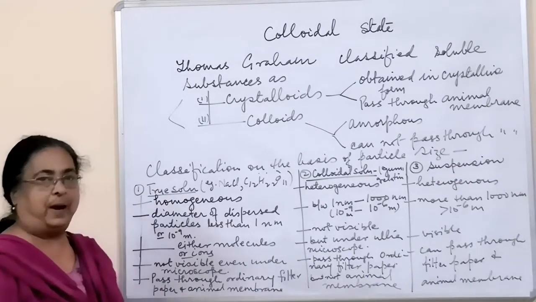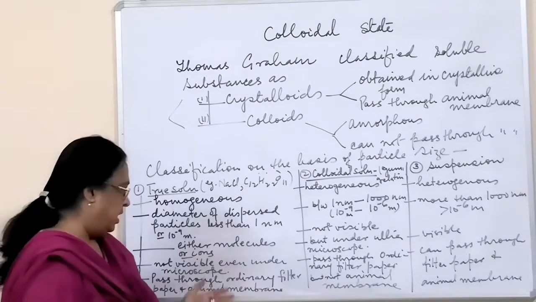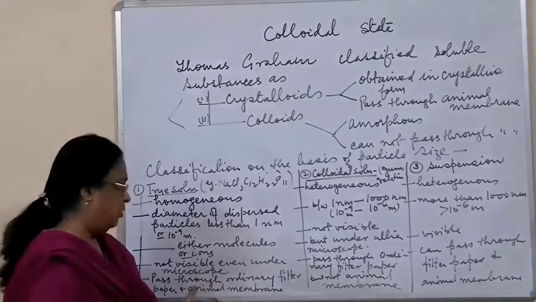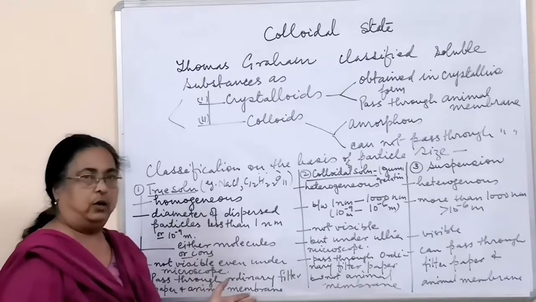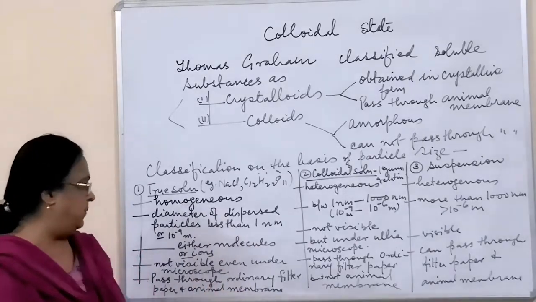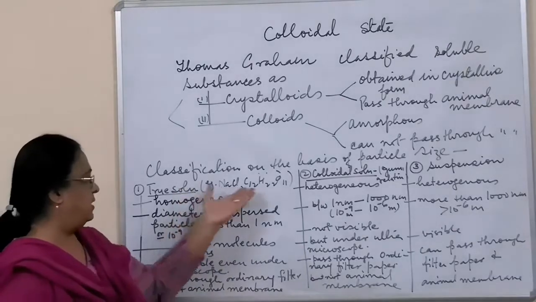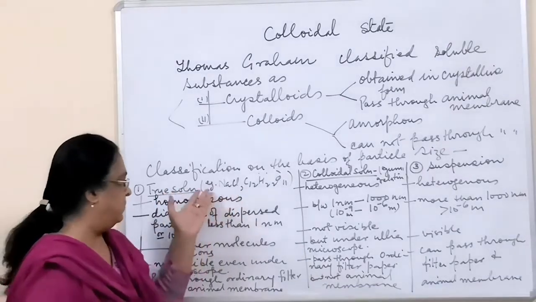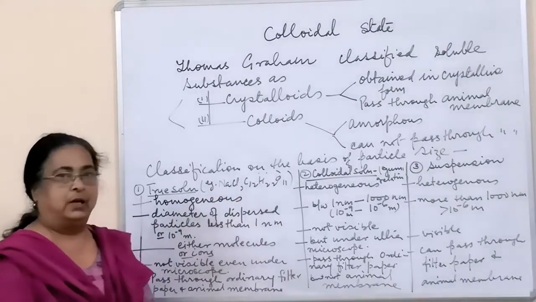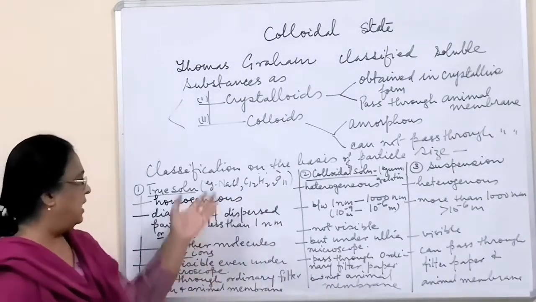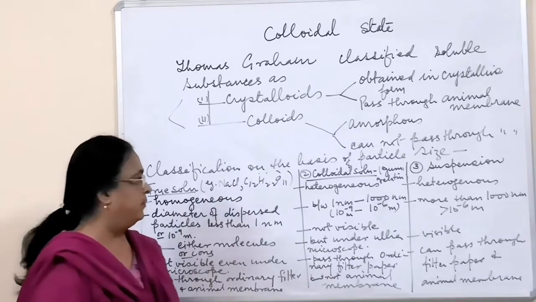So the solid particle cannot be retained by the ordinary filter paper or the animal membrane. The whole solution will pass across. The two examples I have written, many more examples you can write yourself: sodium chloride and sugar, ionic form and the molecular form.